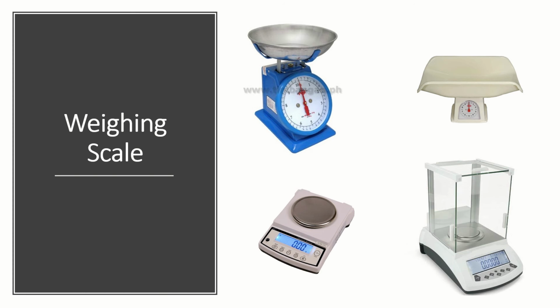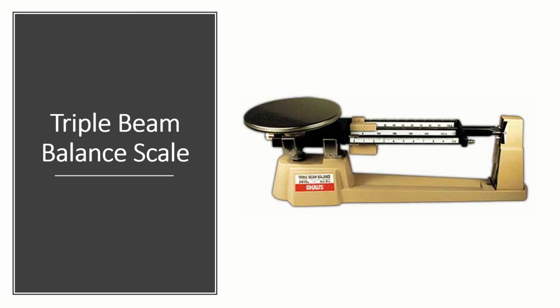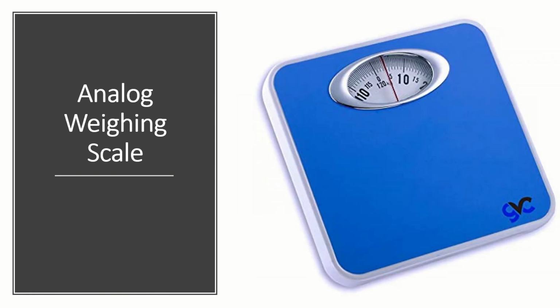For sure, you're already familiar with this, the weighing scale. But in our present time, you already have the electronic weighing scale. For laboratories, we usually have the triple beam balance scale. And in our clinics, we have the analog weighing scale.